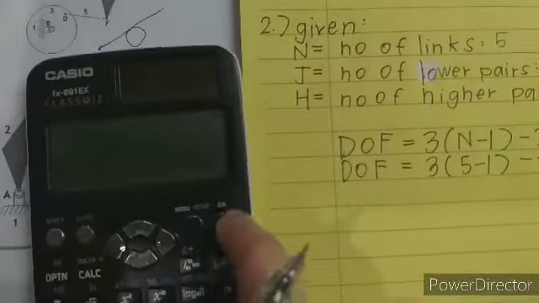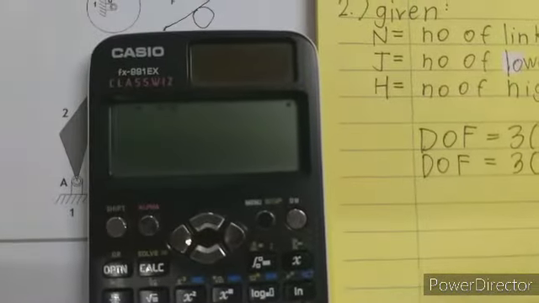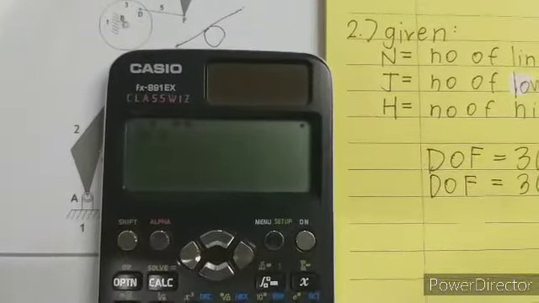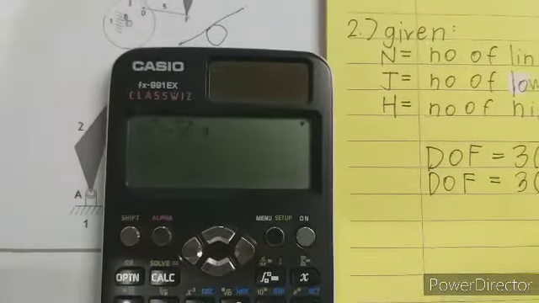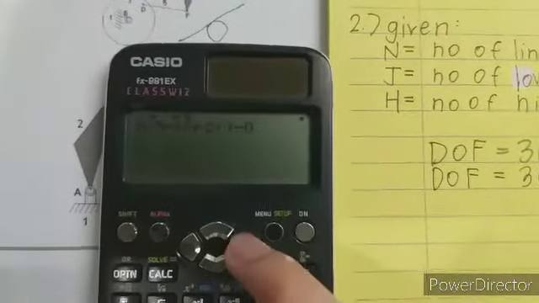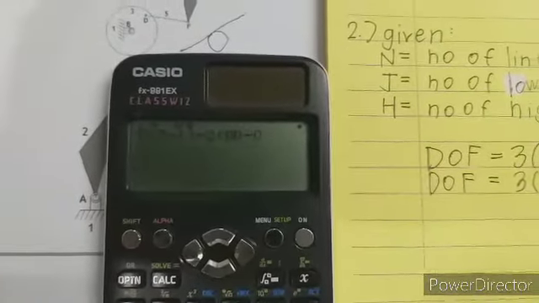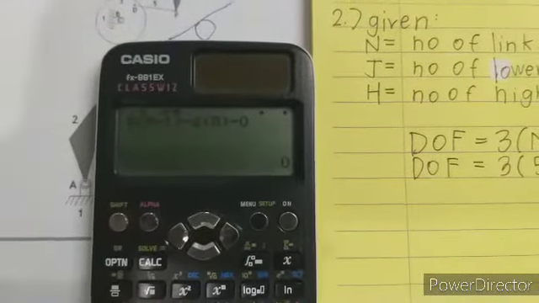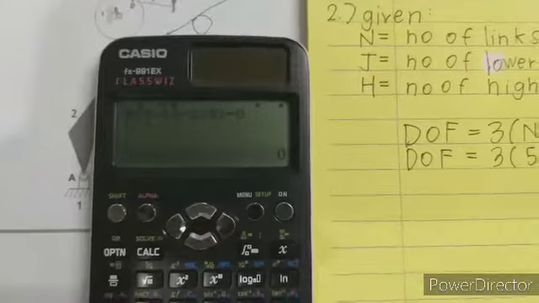And then putting this into our calculator, five minus 1, and we have 6 multiplied by 6. So finally, we have a degree of freedom of 0.